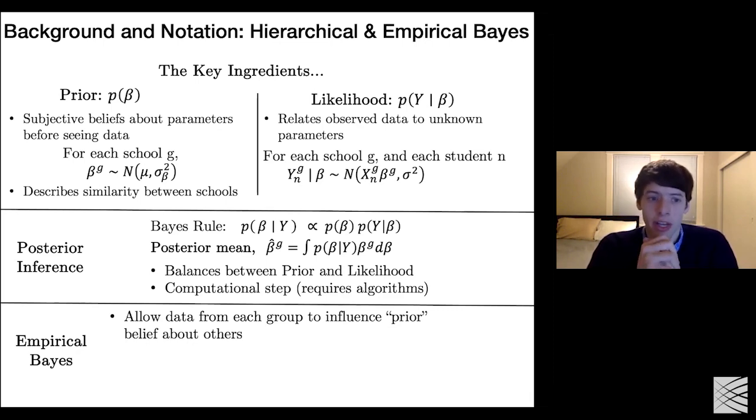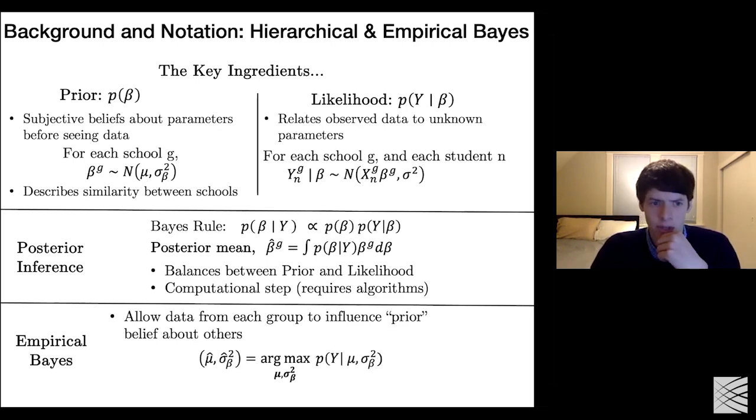And the idea here is we want to allow the data from each group to influence our prior belief about the others. So one way that we can do this is by maximum marginal likelihood. So choosing the parameters mu, sigma, beta, just to be the parameters that maximize this probability of y integrating over beta for the choices of those parameters.